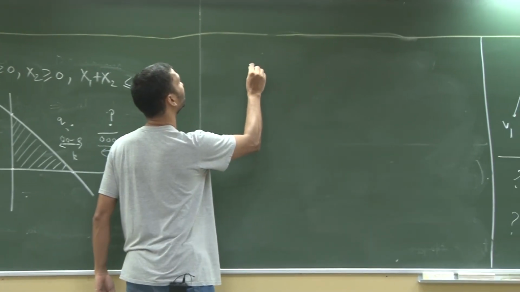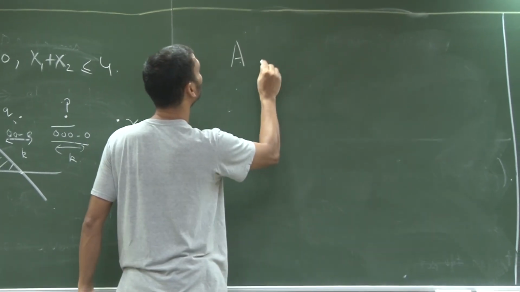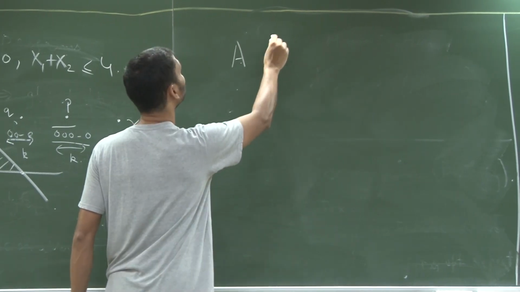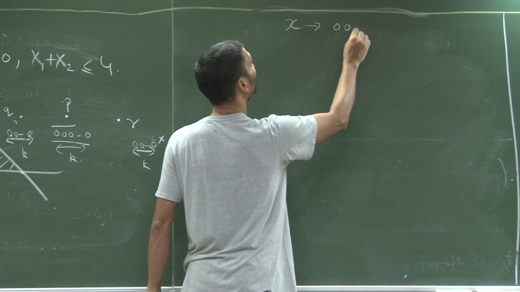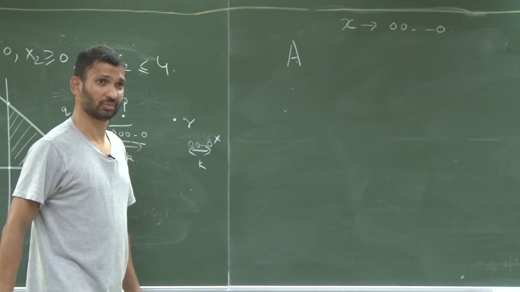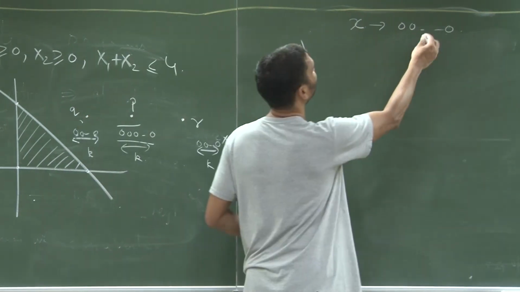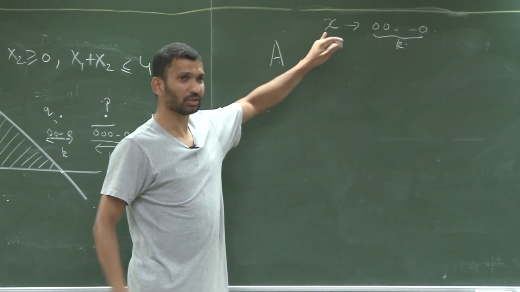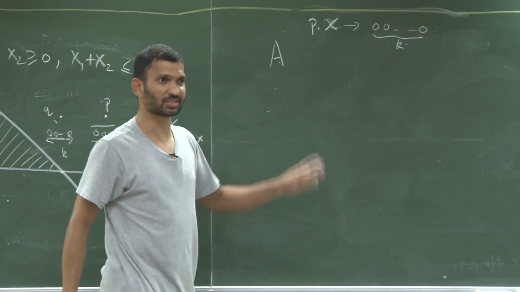So let's look at A, and let's say x is 0 at some coordinates. Let's say the last k coordinates, some point, let's call it P. Okay, x is a variable.